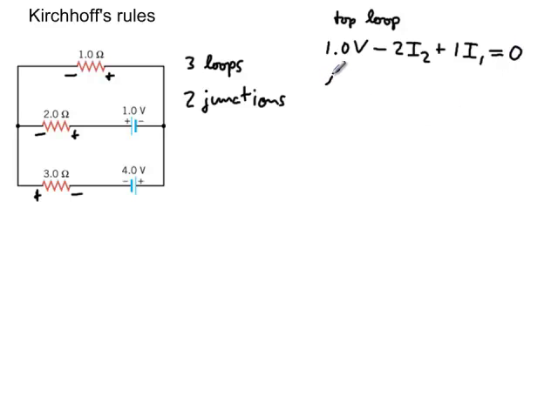Okay, bottom loop. Let's start here again. So I'm going to go up 1 volt, go down minus 2, up, down, down, minus 3, I3.